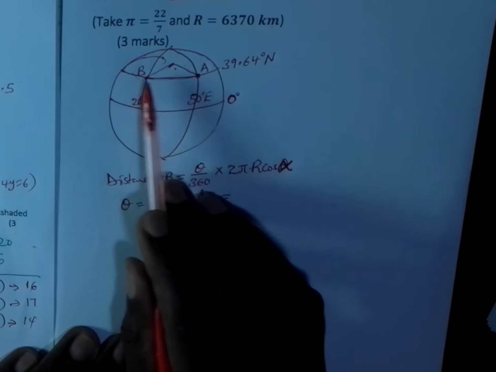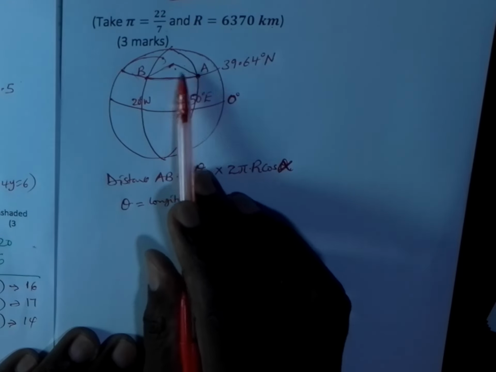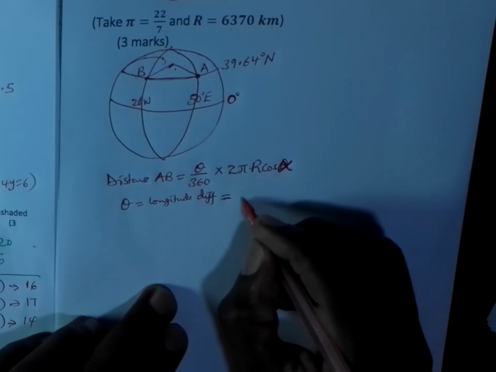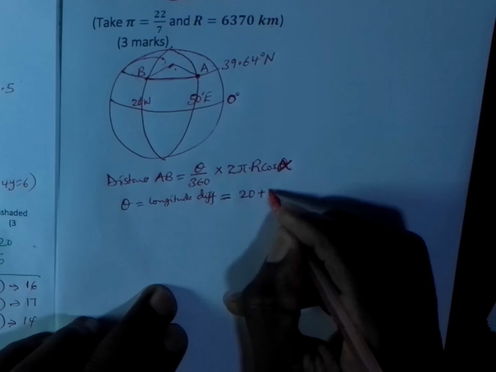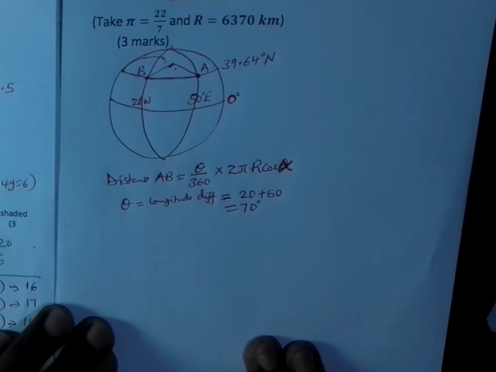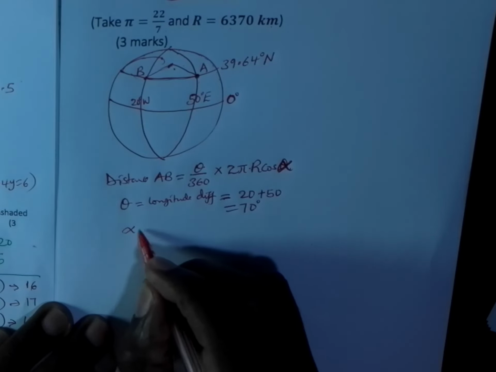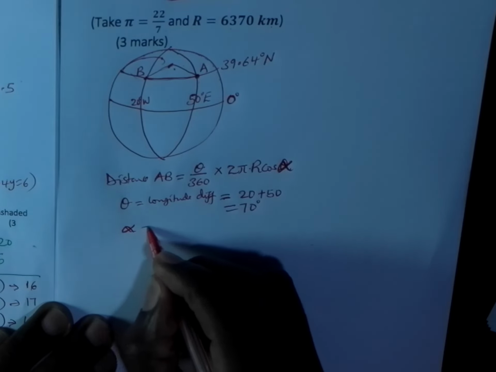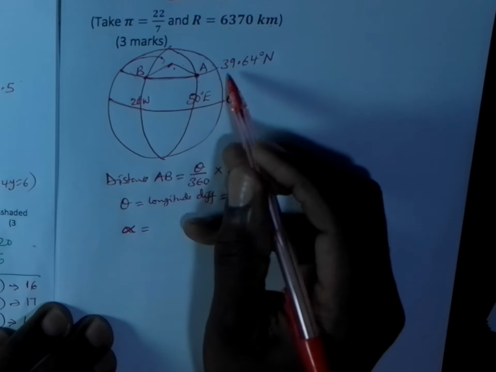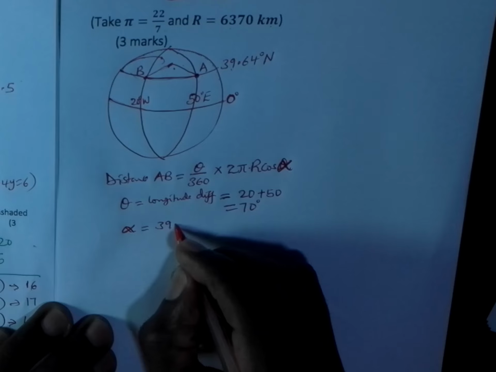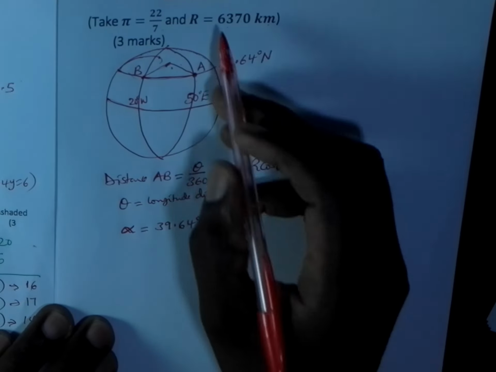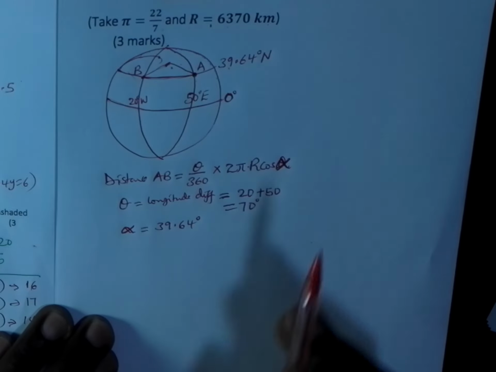Since they are on opposite sides of the prime meridian, we add the longitudes, 20 plus 50, which is 70 degrees. Then our latitude alpha from the equator is 39.64 degrees. And we have been given r, which is 6370.